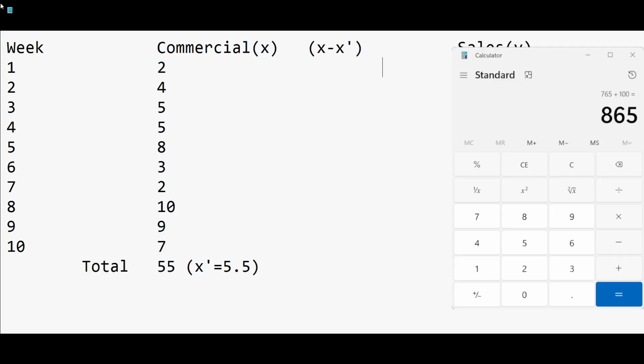You will use a calculator to solve that. You have 2 minus 5.5, it's negative 3.5. So you're going to type here negative 3.5.